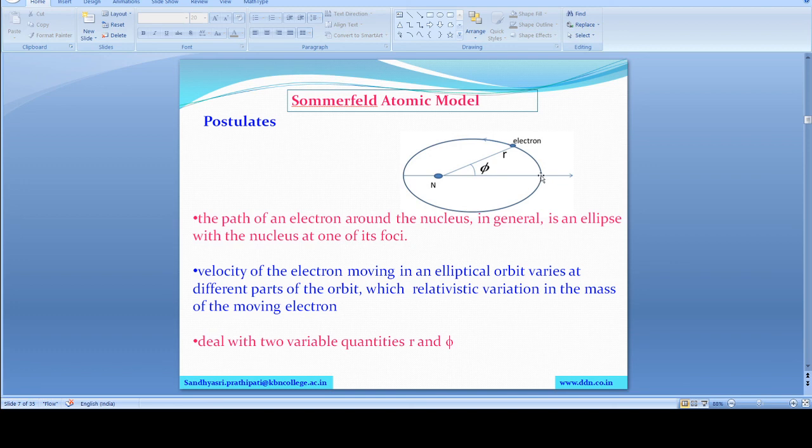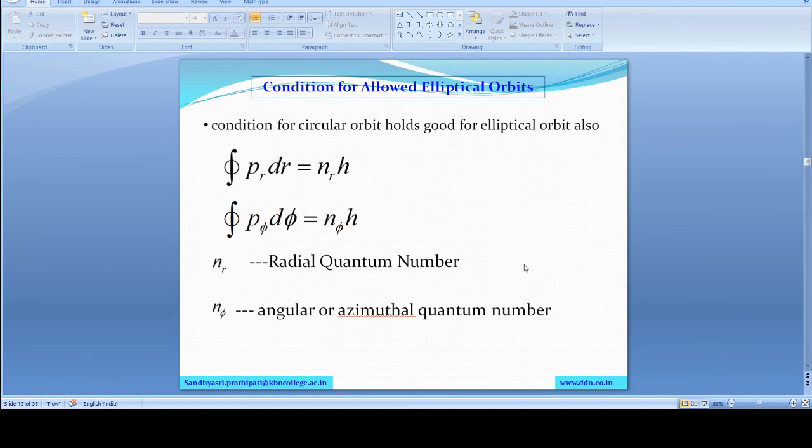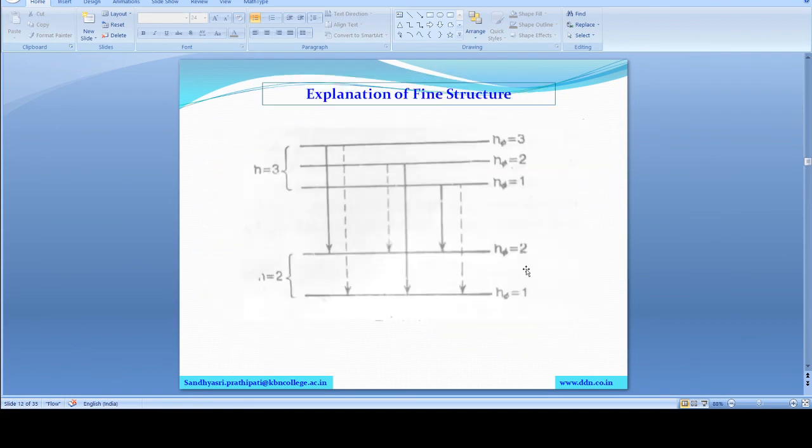If n phi is equal to 0, the electron moves like this. Once it comes through the nucleus and then returns back through the nucleus and comes to the point to complete one revolution, is it possible? Not possible. So the n phi equal to 0 case is not possible.